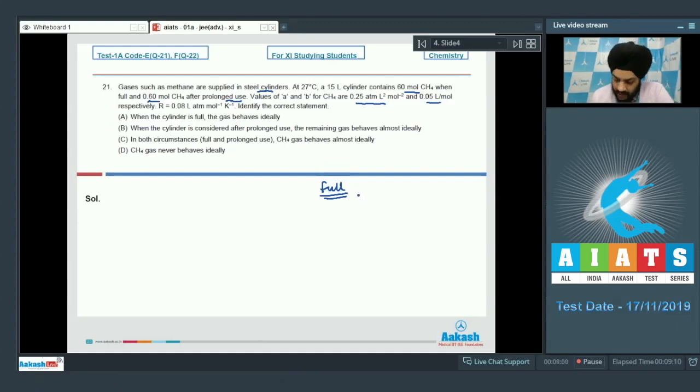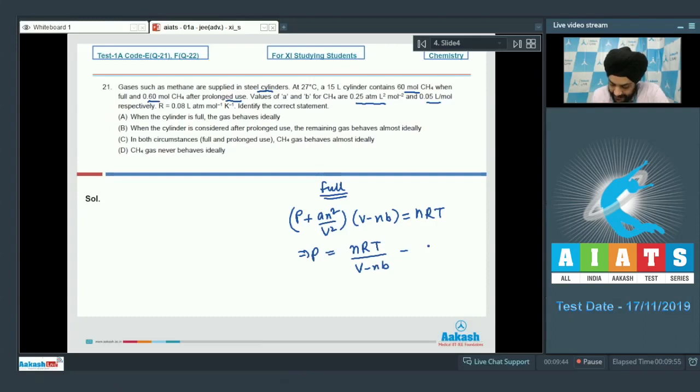Students, we know that the van der Waals equation can be written as (P + a n squared by V squared) into (V minus nb) is equal to nRT. We can do a little rearrangement over here, students. We have pressure is equal to nRT upon (V minus nb) minus a n squared by V squared.